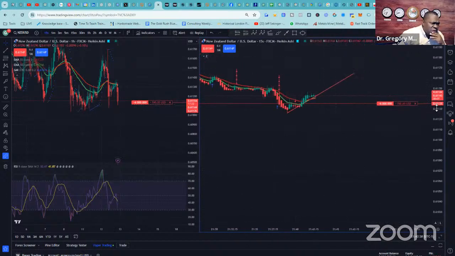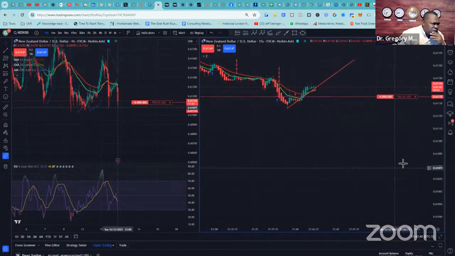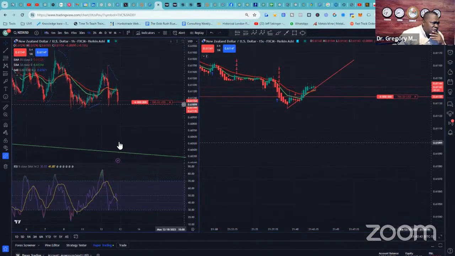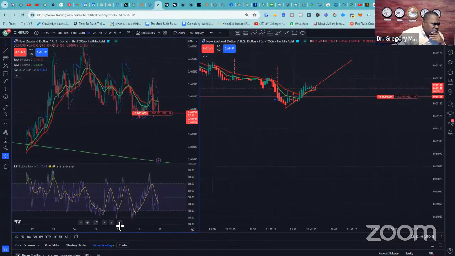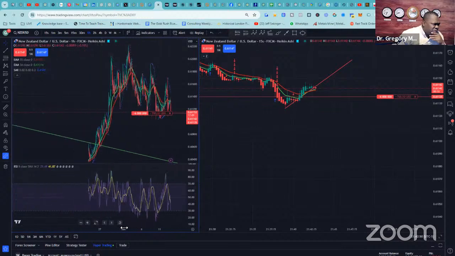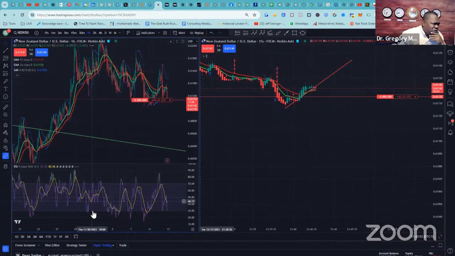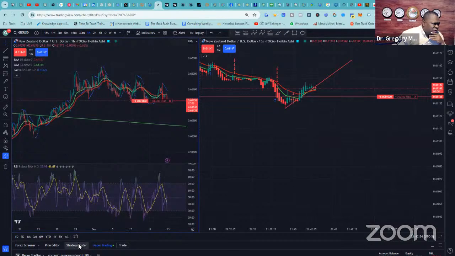Kiwi dollar shorts. The prevailing trend is down so far. We are on the other side of the trend. I'm going to talk about that during the coaching call.